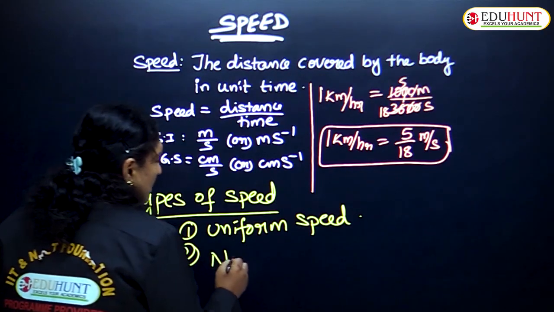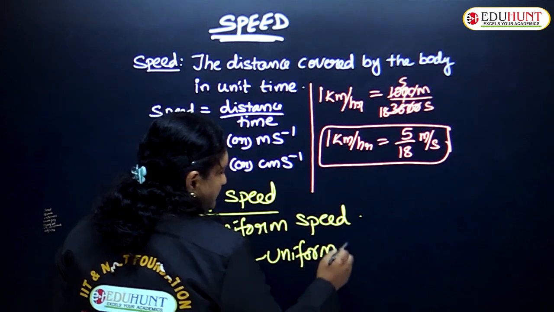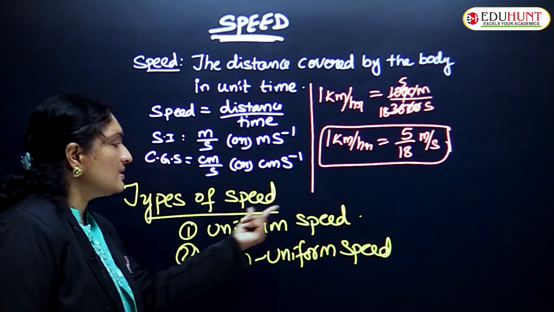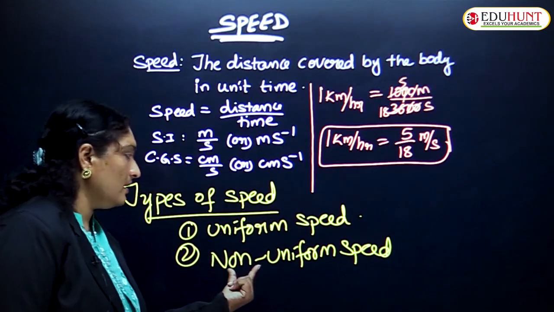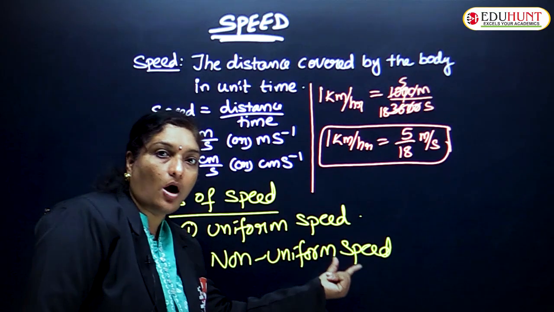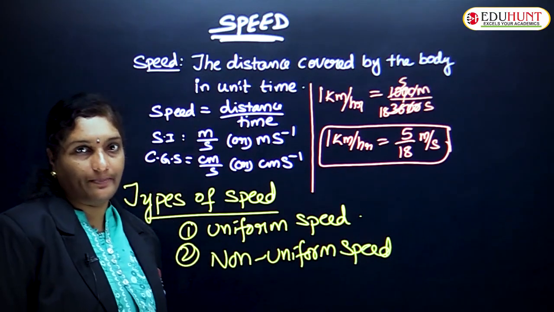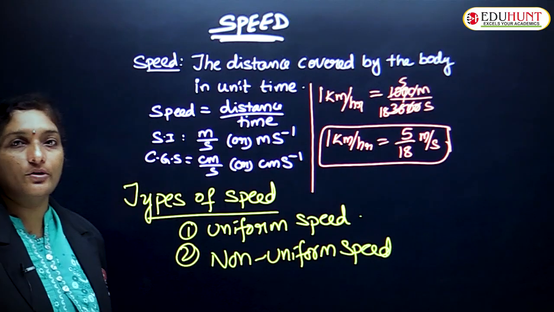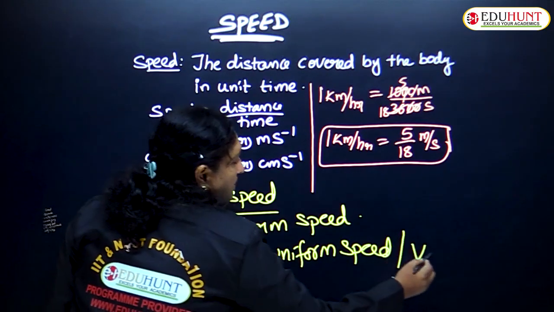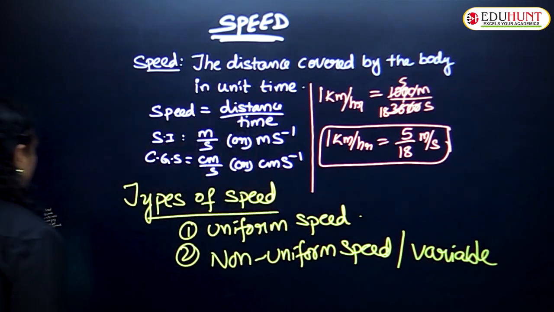What is that, children? Non-uniform speed. Either must be unequal. Here, unequal distances in equal intervals of time, or equal distances in unequal intervals of time, both can be regarded as non-uniform speed. Another name for non-uniform speed is variable speed. What is that, children? Variable speed.